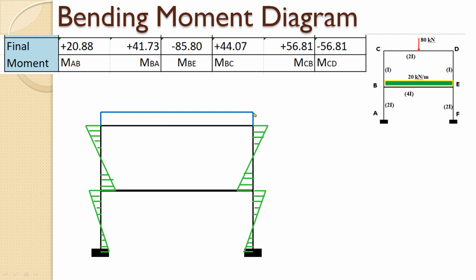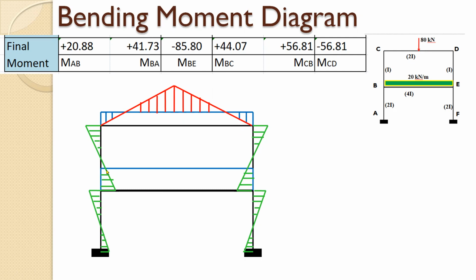So it is plus 56.81 here. Over this we have to overlap the bending moment diagram due to this 80 kilonewton. You know that it is WL by 4. So you can overlap like this, and this is the net bending moment diagram for the beam.